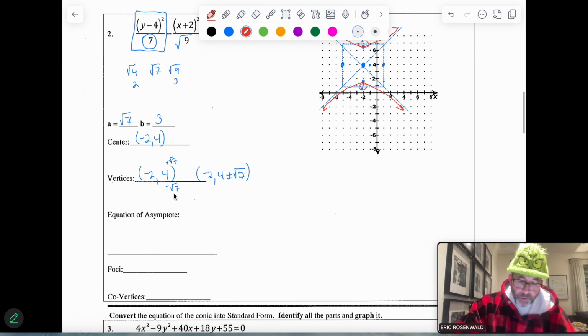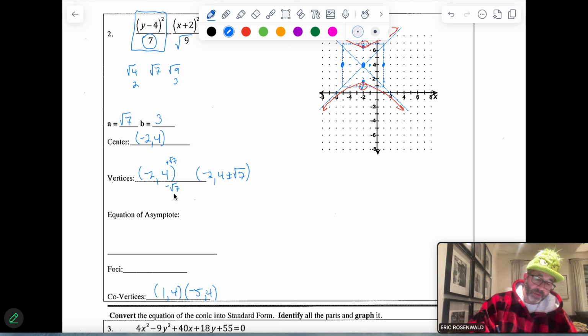For my co-vertices, we are going to start from my center, which was at -2, 4, and we went to the right 3, which will put me at 1, 4, and we went to the left 3, which will put me at -5, 4. For my focus, we've got a squared plus b squared equals c squared. So we've got 7 plus 9 equals c squared, which is 16, which means we're going to go 4.